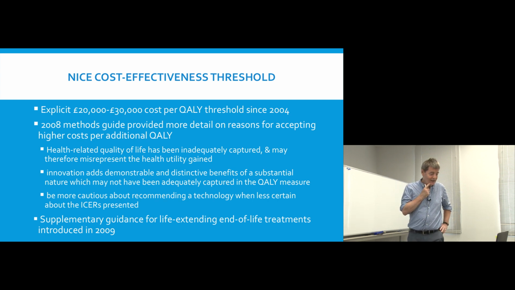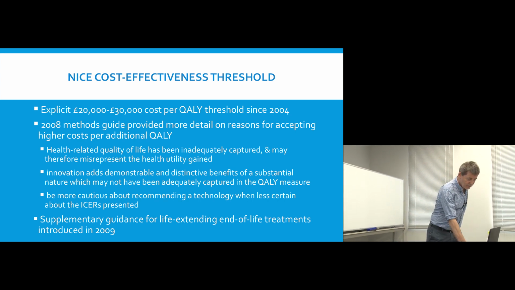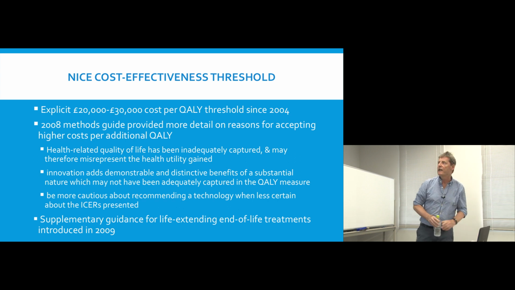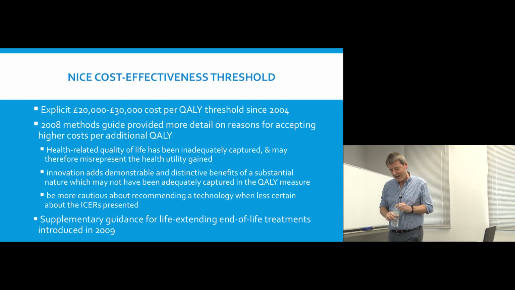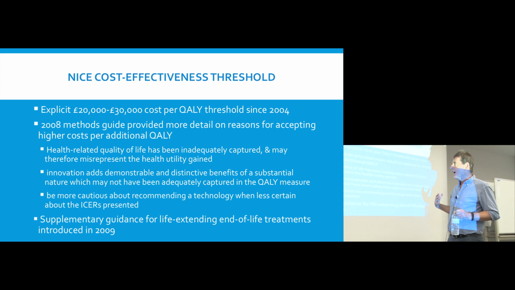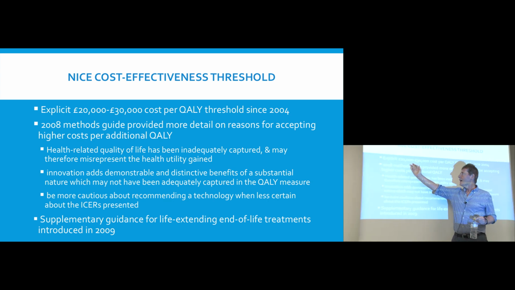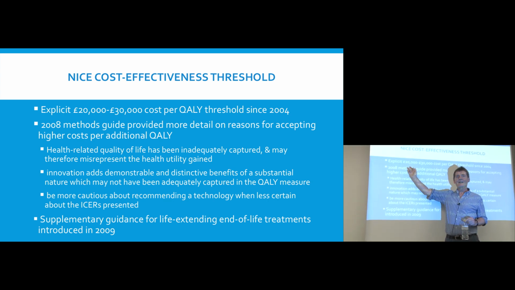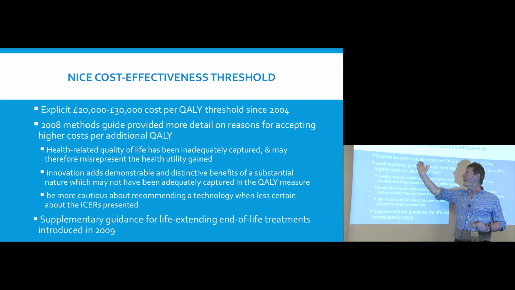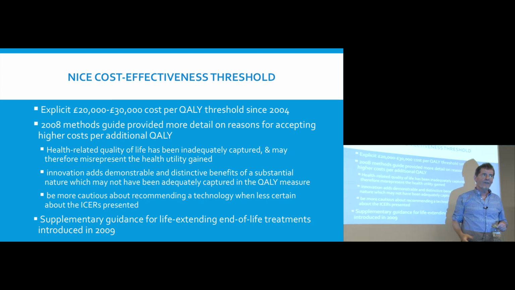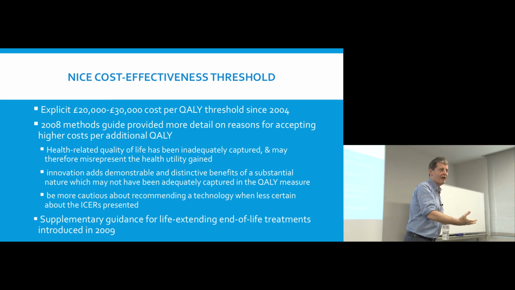NICE has a threshold, and it's been quite explicit that its threshold is a range, and the range is £20,000 to £30,000 per QALY. And it's had this threshold range since 2004, hasn't changed it, although I think it's fair to say at the start, near 2004, committees were tending to think of the bottom end of the threshold range, 20,000, whereas in the last few years, in effect, the threshold is 30,000.